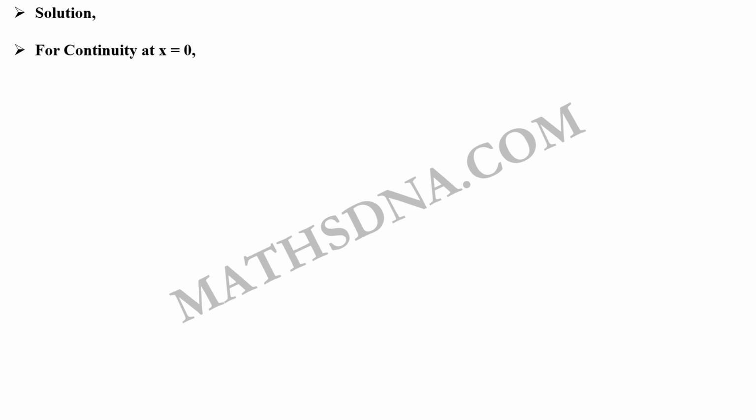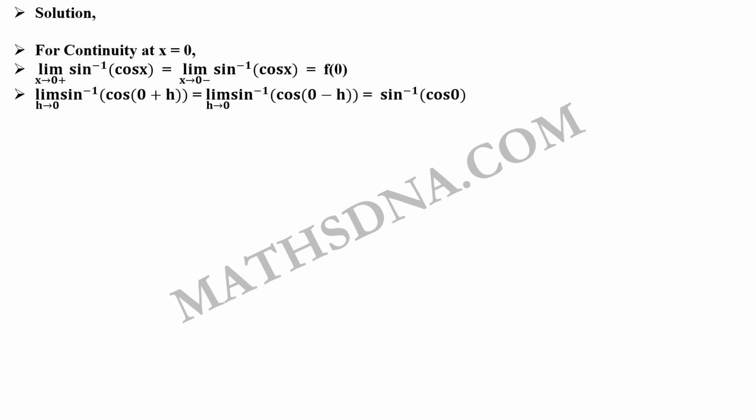Firstly, for continuity at x equals 0, the left hand limit should exist, the right hand limit should exist, and the value of the function at that particular point should be the same. That is, limit x tends to 0 plus of sine inverse cos x should equal limit x tends to 0 minus of sine inverse cos x, which should equal f(0), the value of the function at that point.